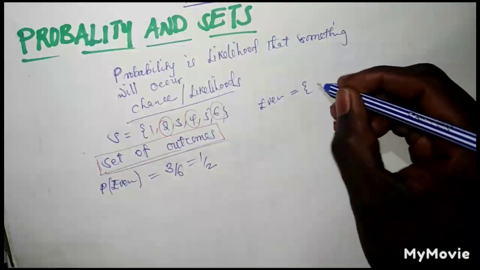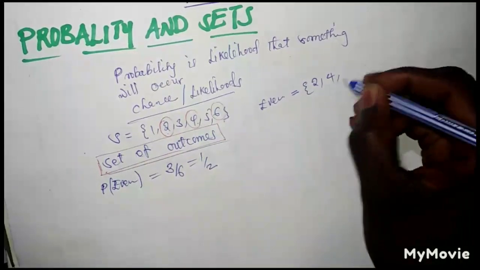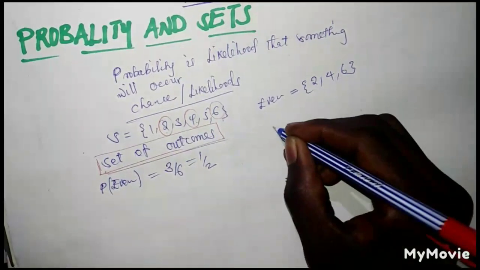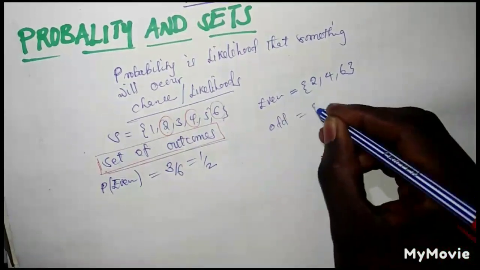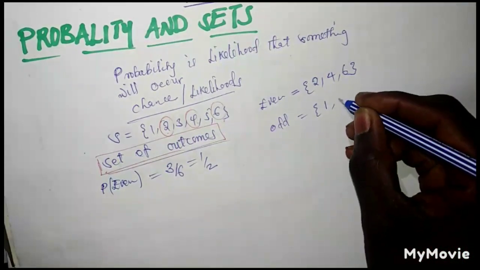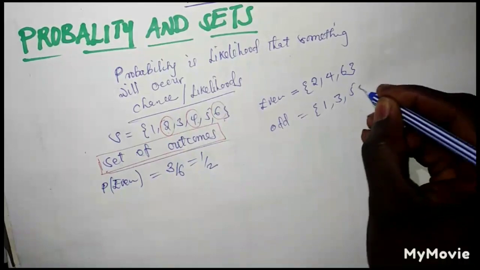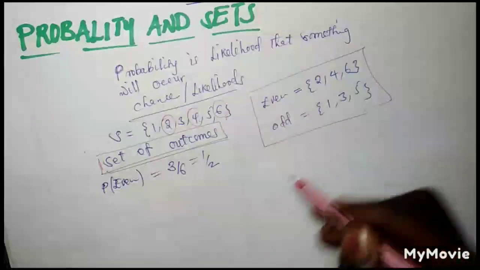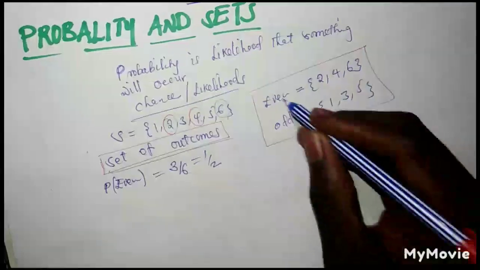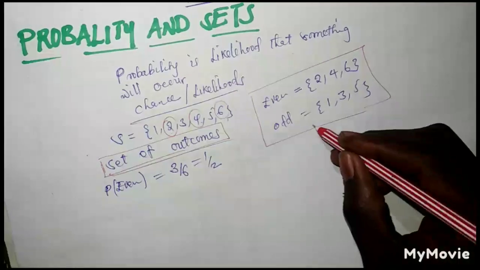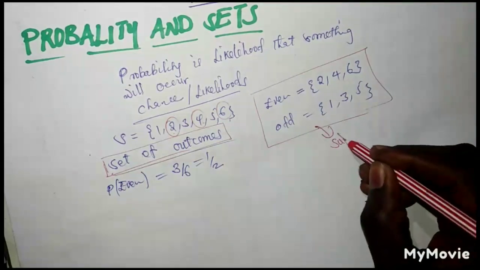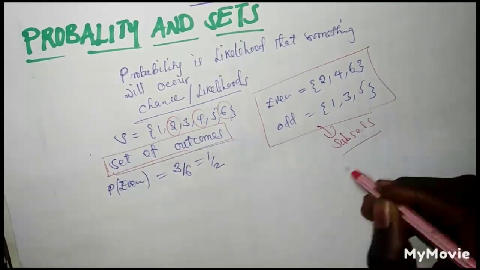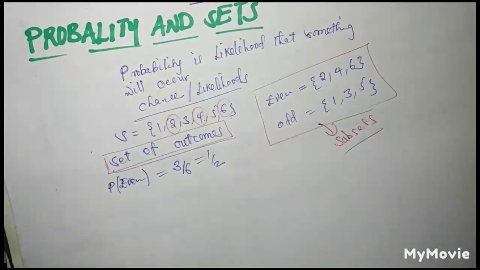In here we have the set of even numbers, which is 2, 4 and 6, and the odd numbers, which is 1, 3 and 5. These sets we can actually call subsets of the possibility space.